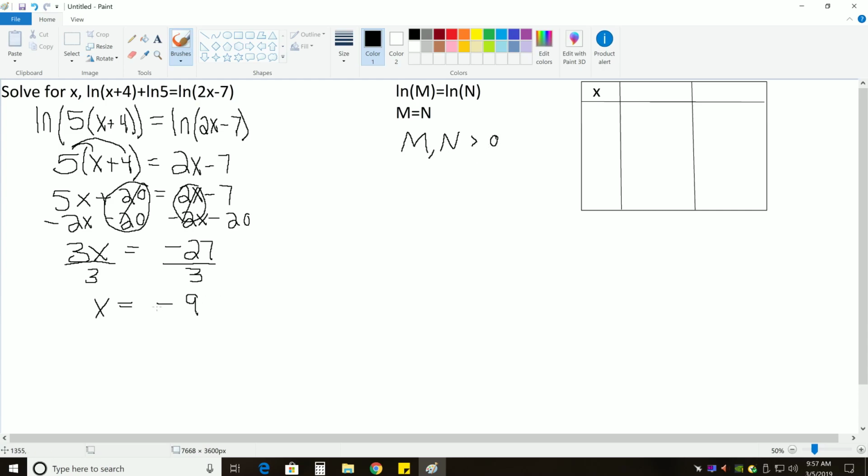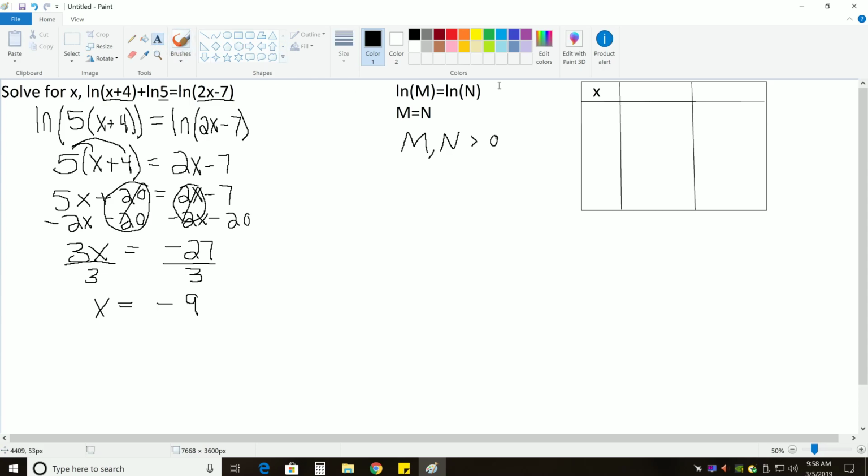That's not to say that x is greater than 0. X can be negative. It's to say that these values that we started with, the x plus 4, the 5, and the 2x minus 7, anything that was inside of the natural logs, has to be greater than 0 when we plug our x equals negative 9 into them.